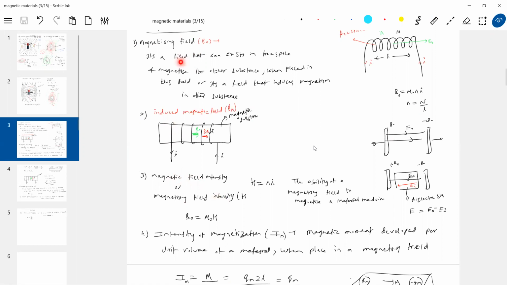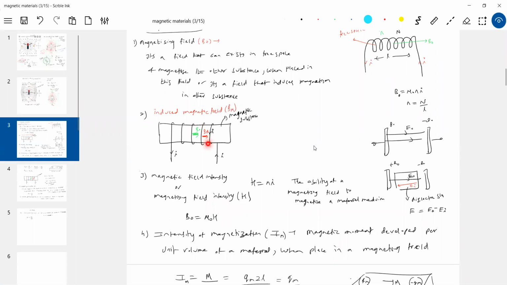B naught is the field, and how much B naught is what H is. Intensity means how intense the magnetizing field is. They call it magnetic field intensity, but do remember this: magnetizing field intensity. B naught is the magnetizing field, and how much magnetizing field is H.